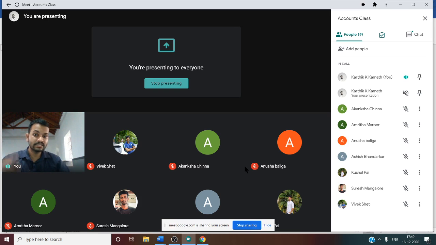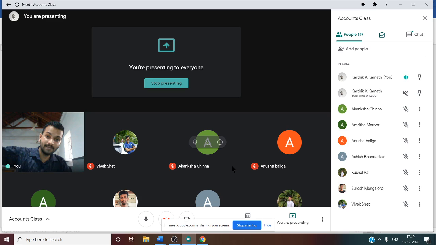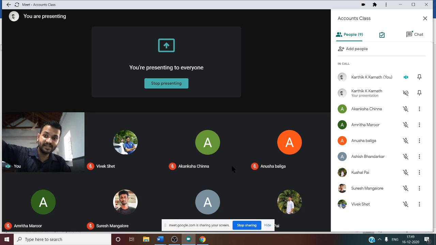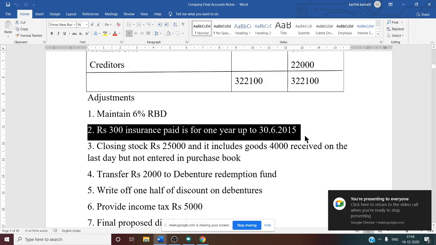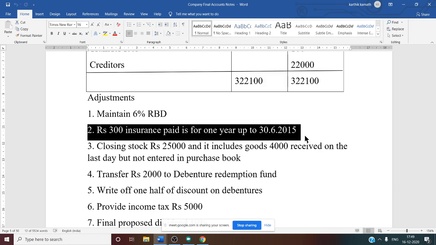Why? Because our trial balance date is given in the question, that is 31/3/2015. As on that date all the information they have provided. Now they are saying after 31/3/2015 still 3 more months, April, May and June, insurance is paid. So this insurance is paid at the time of 31/3/2015.